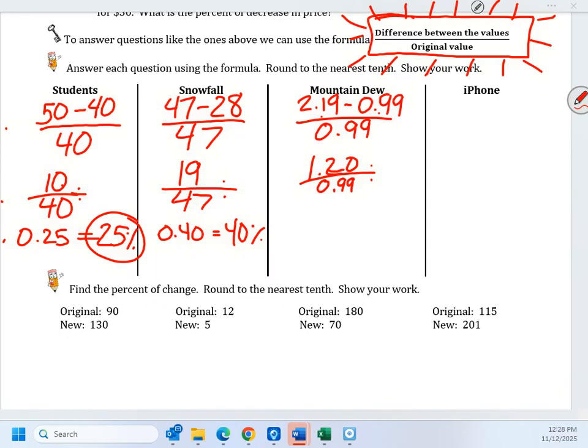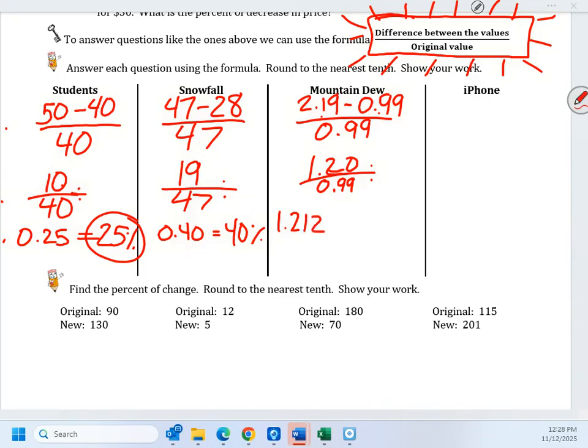Who's gonna be brave? What'd you get? Bo? 1.18. 1.188? Wait, no, it's 1.2. Okay, say that again, 1 point what? 1.212.